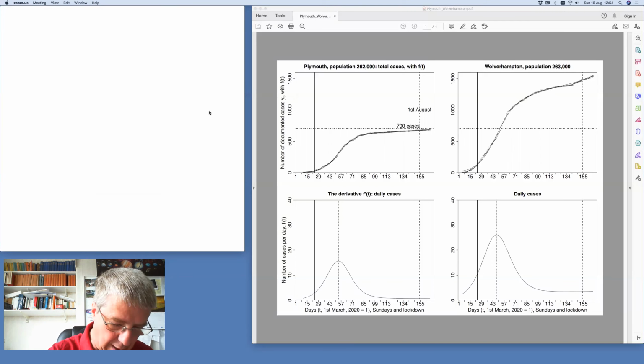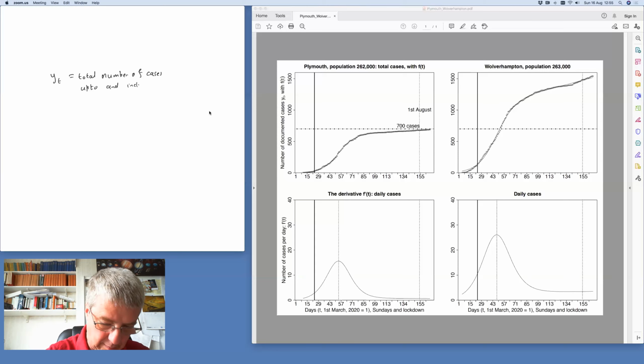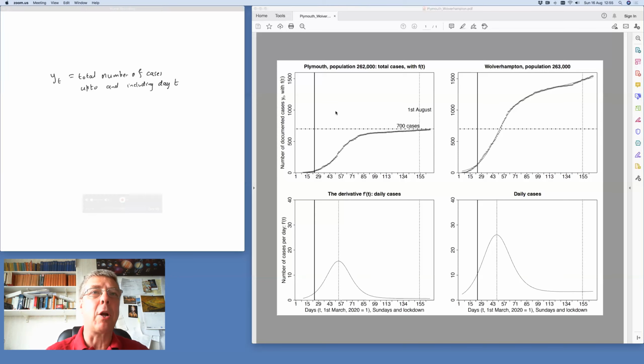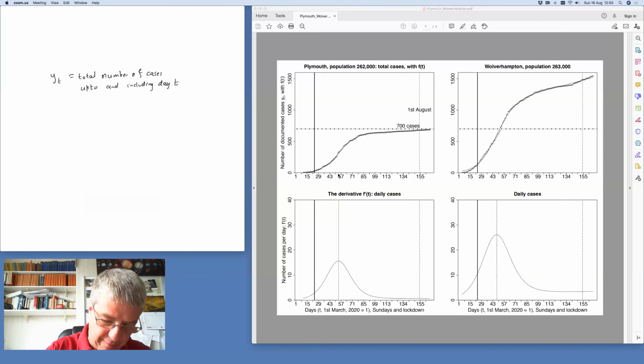So I'm going to use the notation YT to be the total number of cases up to and including day T. So what I'm actually plotting on this axis in this first graph here with the crosses is the total number of cases up to a particular day. And as I've said before, this YT is always increasing.